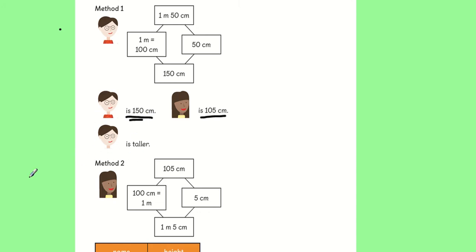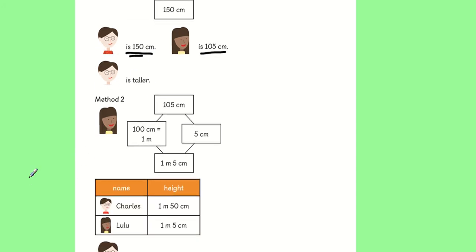Okay? Another way of doing this, we could have converted Lulu's measurement into metres and centimetres. So we're going to look here. She's 105 centimetres. So when we're converting into metres, we look at what's in the hundreds column. We've got 100 centimetres, which equals 1 metre. Then we find what's left, which is 5 centimetres.